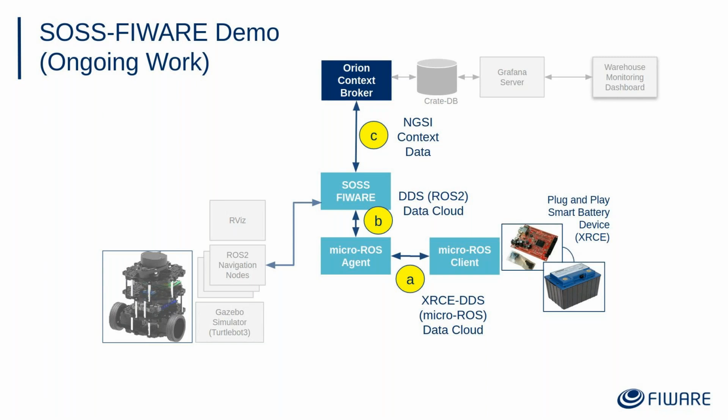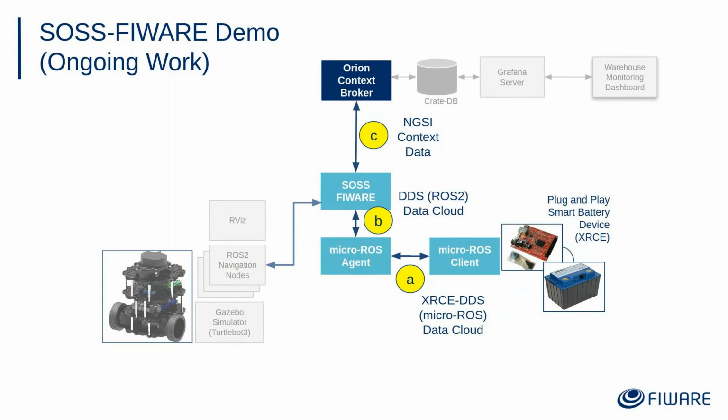And it is going to just rely on the standard ROS messages to feed the rest of the ROS2 architecture with the status of the battery. This is what the A circle covers, using the micro-XRC DDS data cloud.